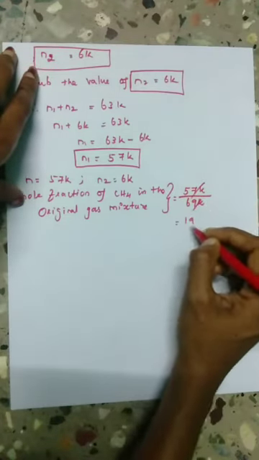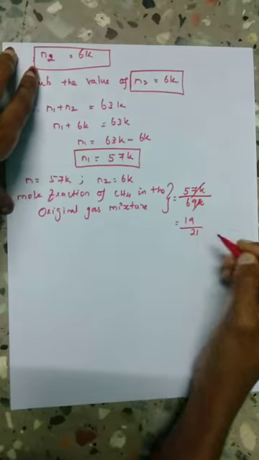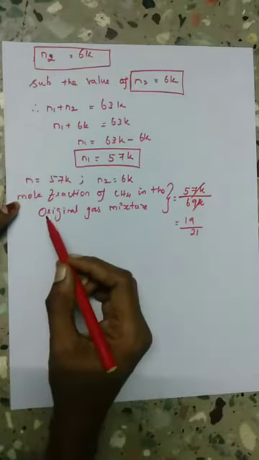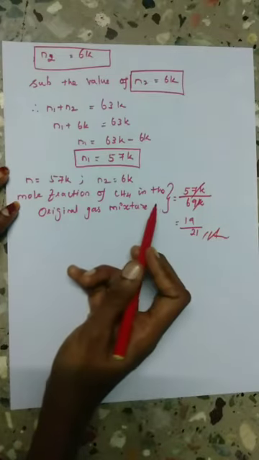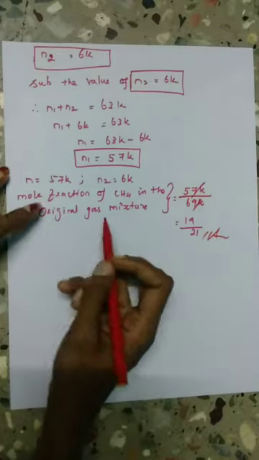So the final answer is 19 divided by 21. This is the answer for the mole fraction of CH4 in the original gas mixture.